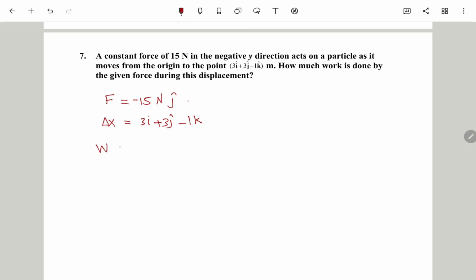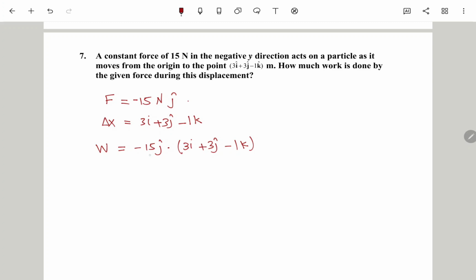Now the work is equal to F dot d, which is minus 15 j hat dot 3i plus 3j minus 1k. As we all remember, when you dot product two vectors, you only multiply i with i, j with j, k with k.